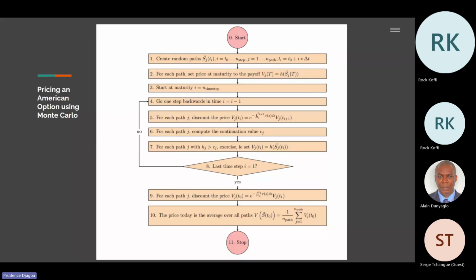And we do that until we reach the time t before the initial time. And then at t equal to 0, we just discount the value that we got from the cash flow at t equal to 1. And we take the average of all those quantities, which gives us the price.